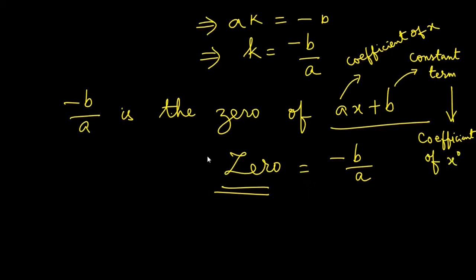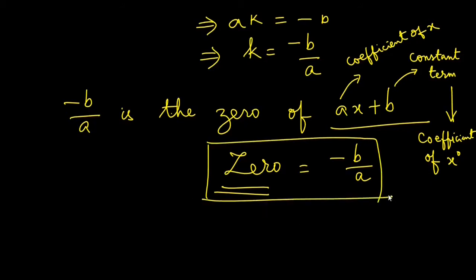So here we have relation: 0 of a linear polynomial is minus b by a.